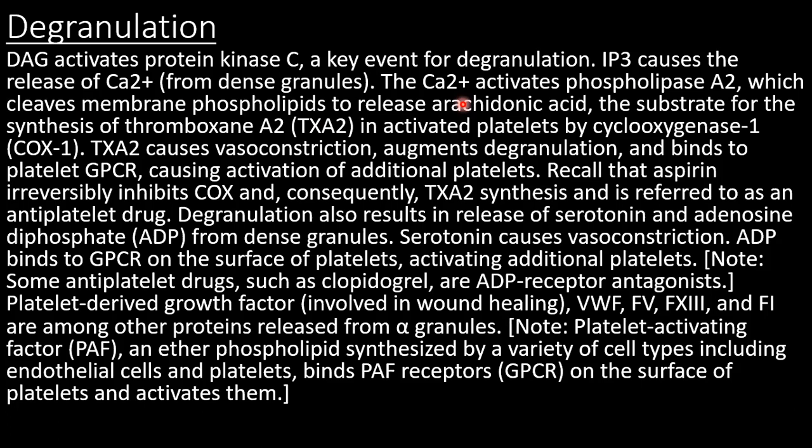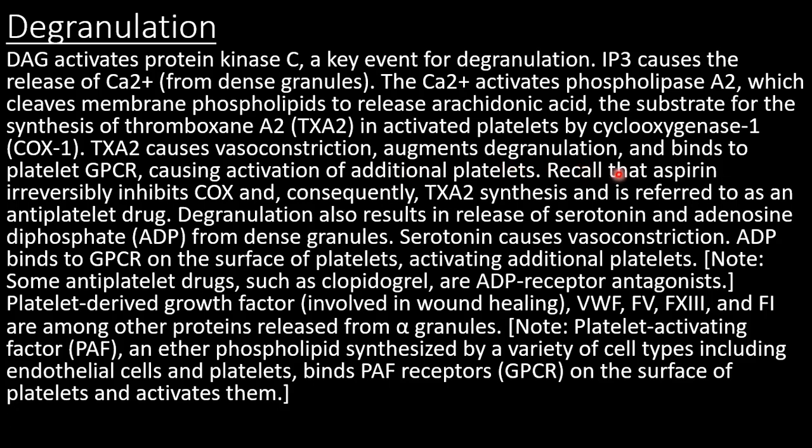Then prostaglandin H2 will be acted upon by thromboxane A2 synthase to give you thromboxane A2. Now, thromboxane A2 has the following physiologic functions: vasoconstriction, it also augments the degranulation, and binds to platelet G protein coupled receptors, causing activation of additional platelets. So those are the physiologic functions.